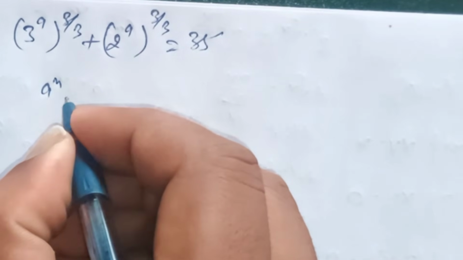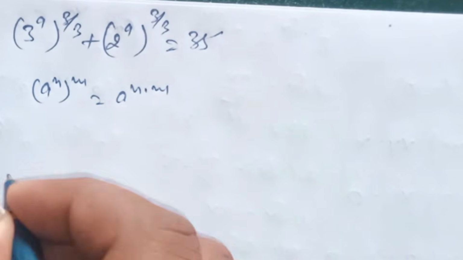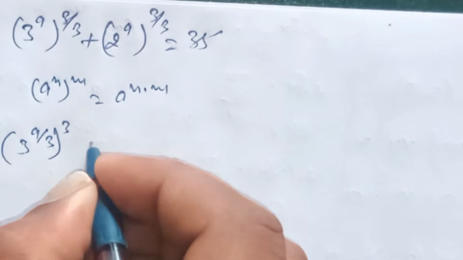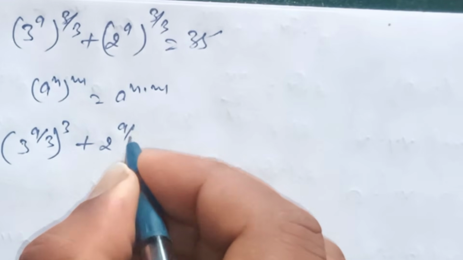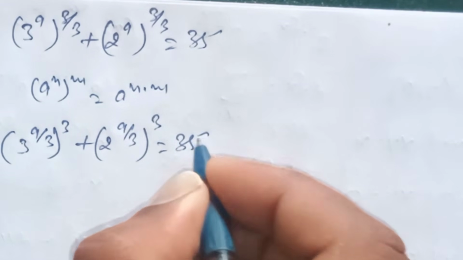After that, (A power n) whole power m is written as A power n times m. Therefore, (3 power A divided by 3) whole power 3 plus (2 power A divided by 3) whole power 3 is equal to 35.